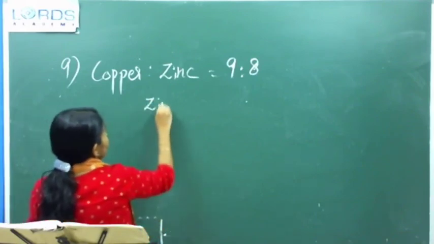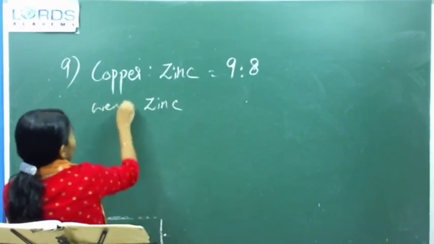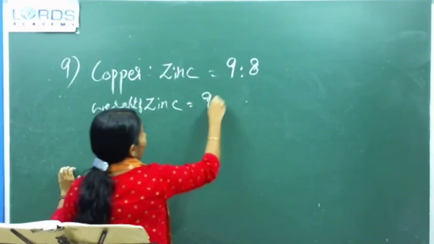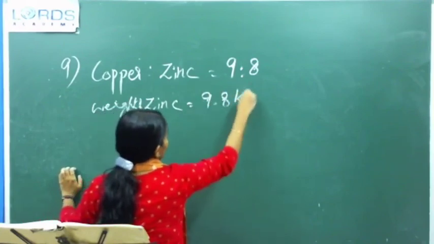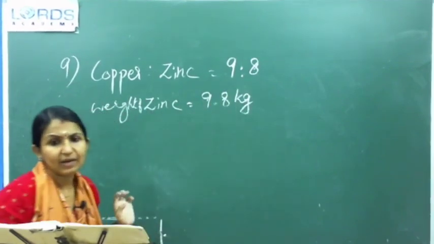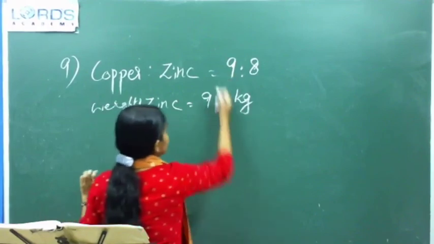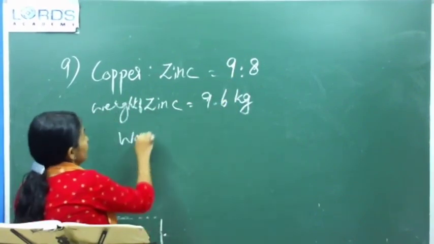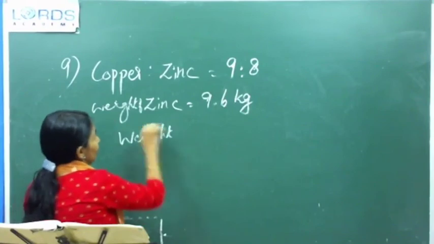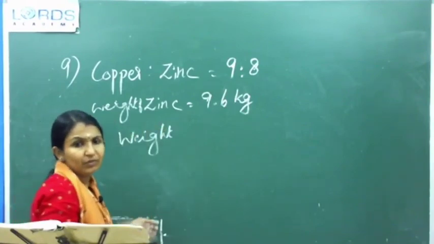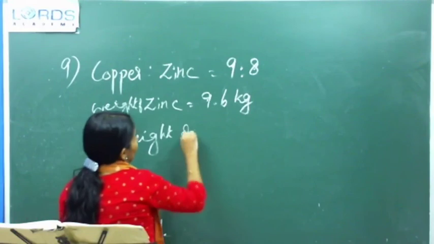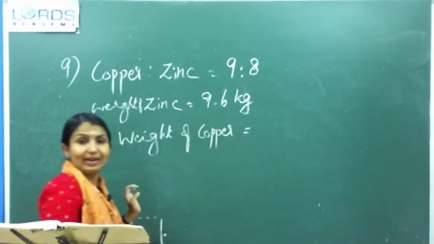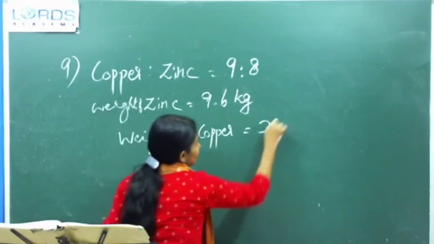So weight of zinc is 9.6 kilogram. Now we want to find out the weight of copper. Copper, its weight is not given, so we can assume it as x.